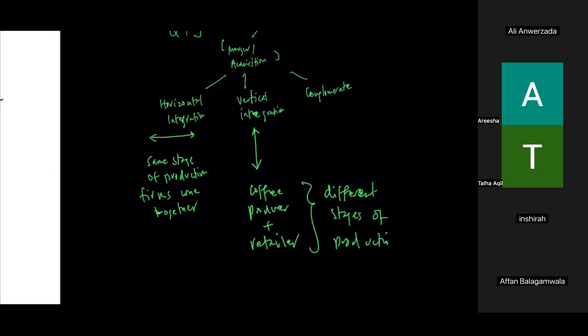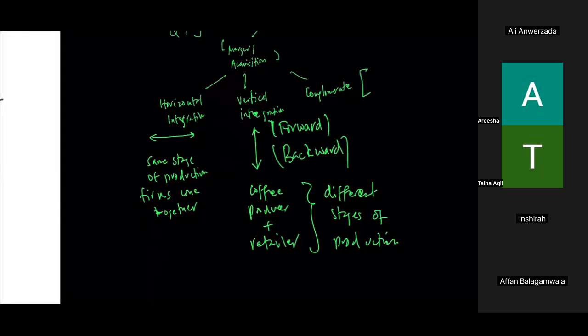And vertical integration could be forward, which means when a producer is combining with a retailer, or it could be backward. Let's say a manufacturer decides to acquire or join hands with an input producer. Or you could also have a conglomerate.